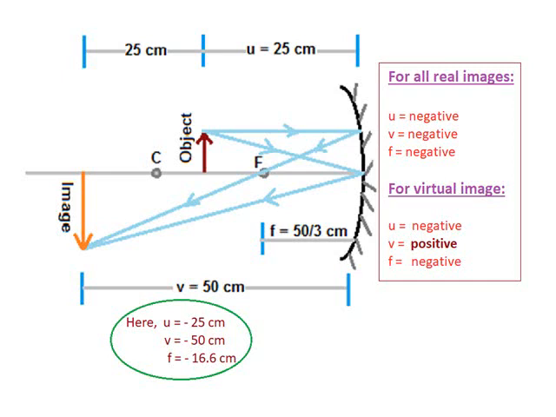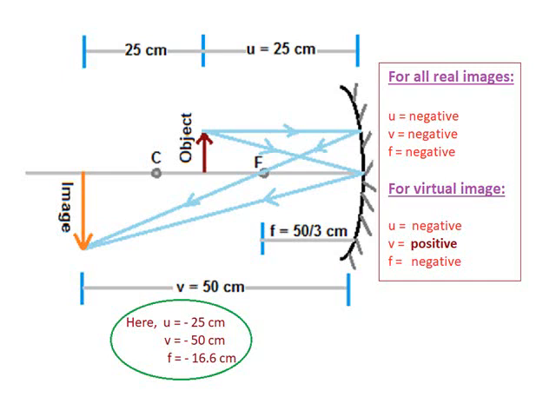Now when you come down, the distance between the image and the pole of the mirror is denoted by the letter v, that is the image distance, and it is 50 centimeters. Now the focal length is the length between the focus and the pole, and that is given as 50 by 3 centimeters. How this 50 by 3 centimeter comes, we will discuss later. Now just remember, it is 50 by 3, which is equal to 16.6 centimeters.